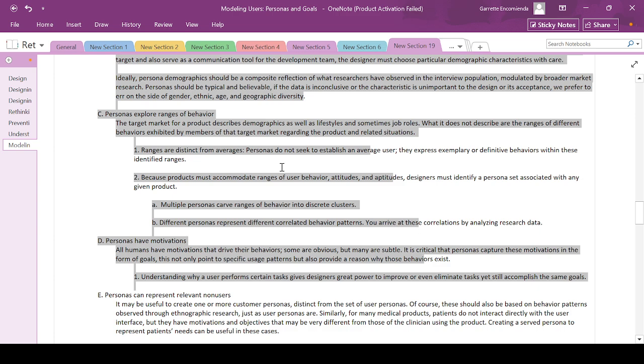Ideally, persona demographics should be a composite reflection of what researchers have observed in the interview population, modulated by broader market research, literature review, stakeholders, etc. Personas should be typical and believable. If the data is inconclusive or the characteristic is unimportant to the design or its acceptance, we prefer to err on the side of gender, ethnic, age, and geographic diversity.